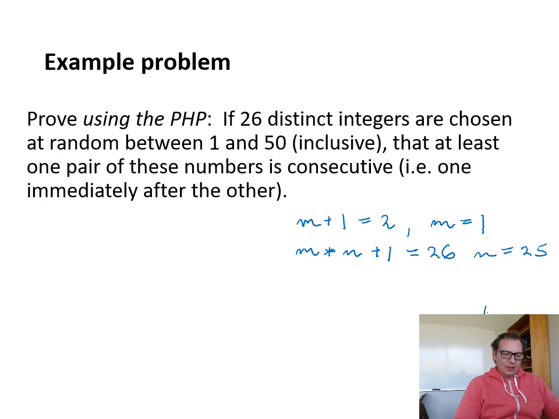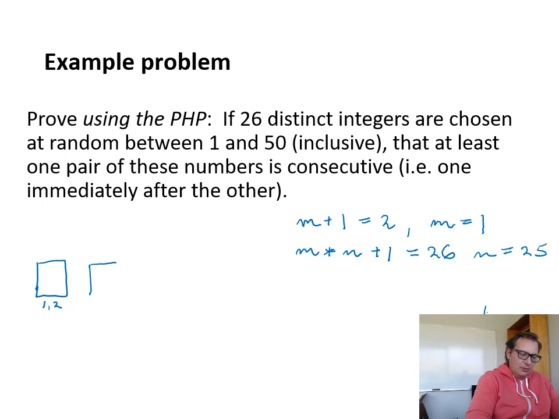So now we want to define what these boxes should be. Well, it's pretty easy. Let's look at what are the consecutive numbers. So box 1 should be numbers 1 and 2. Box 2 should be numbers 3 and 4, and so on. So box 5 is going to be 9, 10.